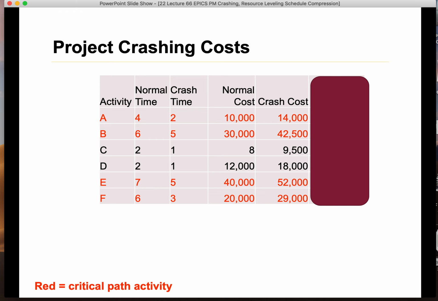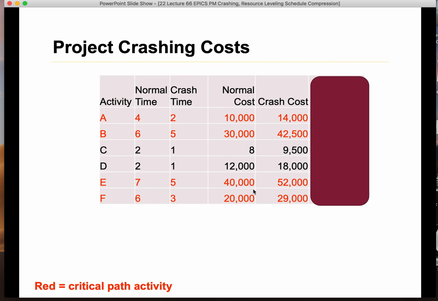If I want to crash it 2 weeks, the new cost will be 14,000. Okay, so this is just activity A. So you want to do the same for B, not C and D, and this is 8,000. I apologize. And here it's E and F. You want to come up with these numbers.